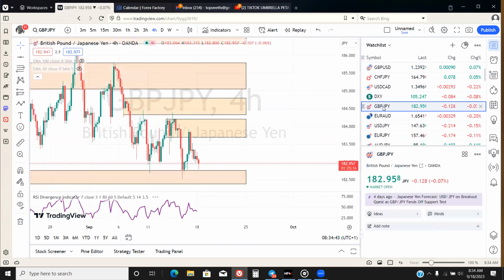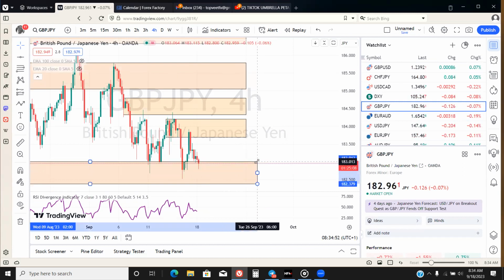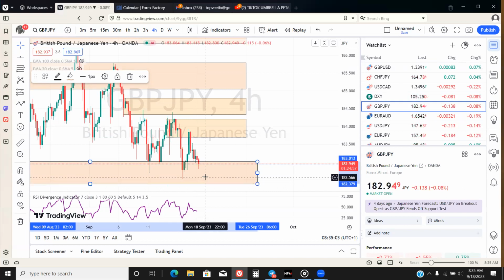Let's look at GBPJPY also. On GBPJPY, expect a buy opportunity on this market maker footprint here. This market maker footprint here is at the price of 182.80 or 182.50, and the price has come to where?